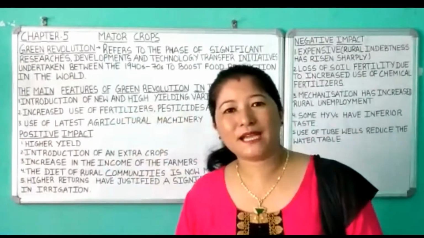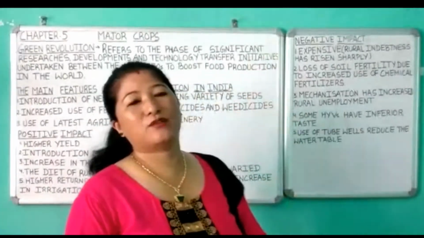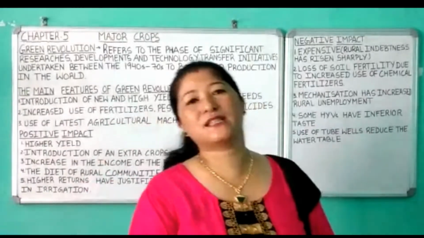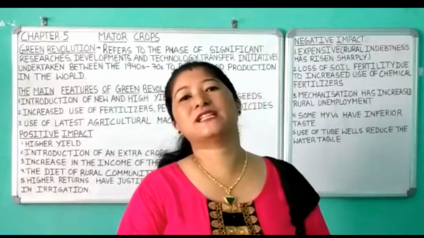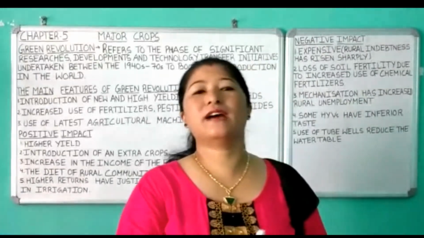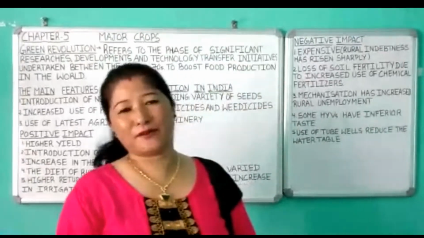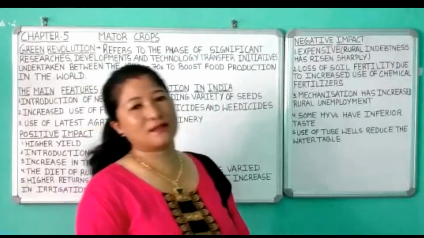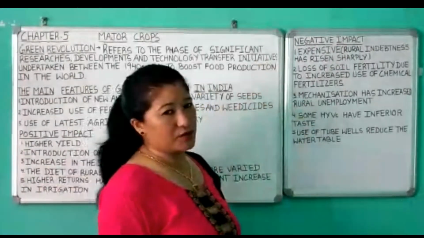Now, at the same time, Green Revolution has certain disadvantages also. Green Revolution is a unique event in the history of independent India. This has saved India from the disaster of hunger and starvation. But it has its own inherent disadvantages also. Now let us see what were the disadvantages of this Green Revolution.